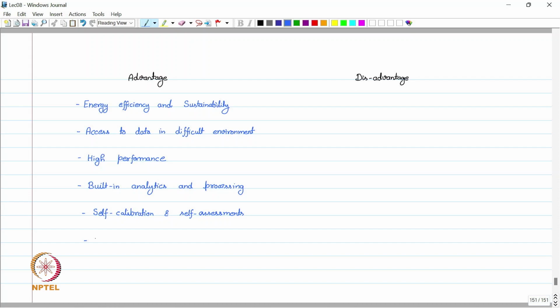And it can also detect erroneous data. So these are some advantages of smart sensors.